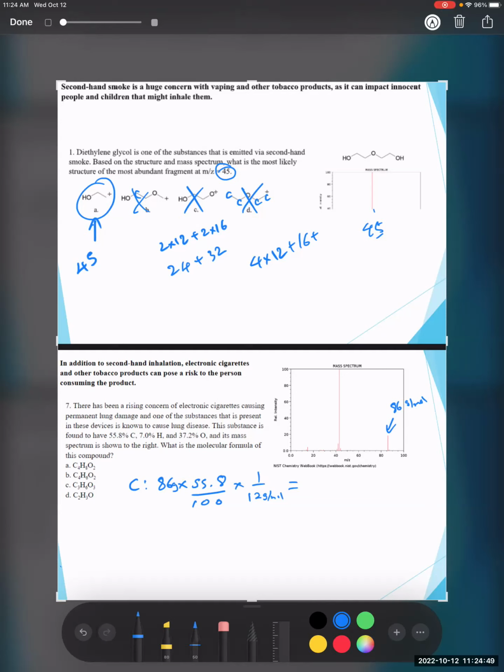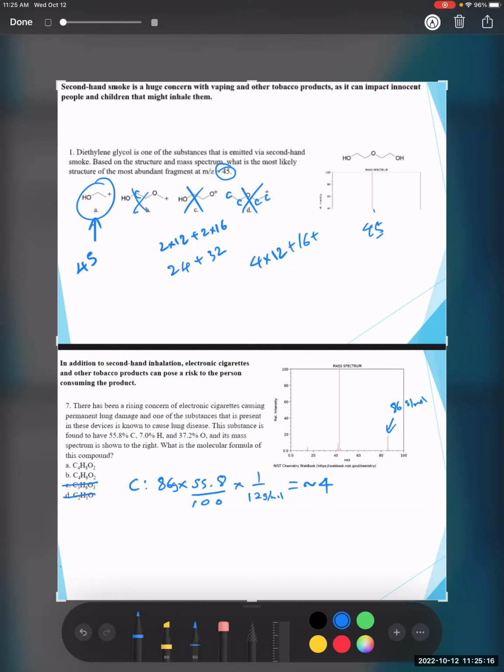And if you do that calculation, you're going to see that 86 times 55.8 divided by 100 and divided by 12 is around 3.99, or about 4. So that immediately cancels out option C and D.